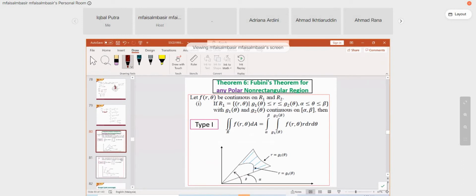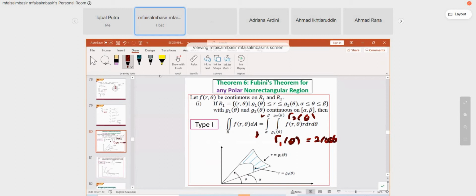So next, non-rectangular region. Just the same, but we have some theta here. Outside should always be constant, but inside your R is now a function of theta. R is a function of theta, for example 2 cos theta or 2 sin theta, something like that.